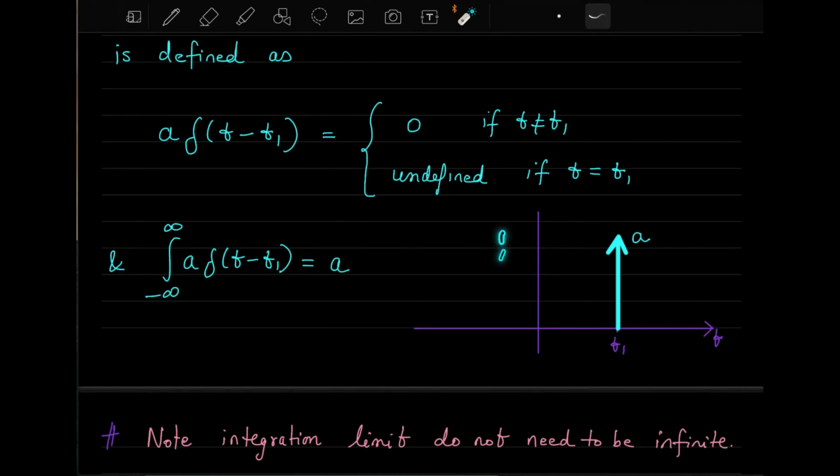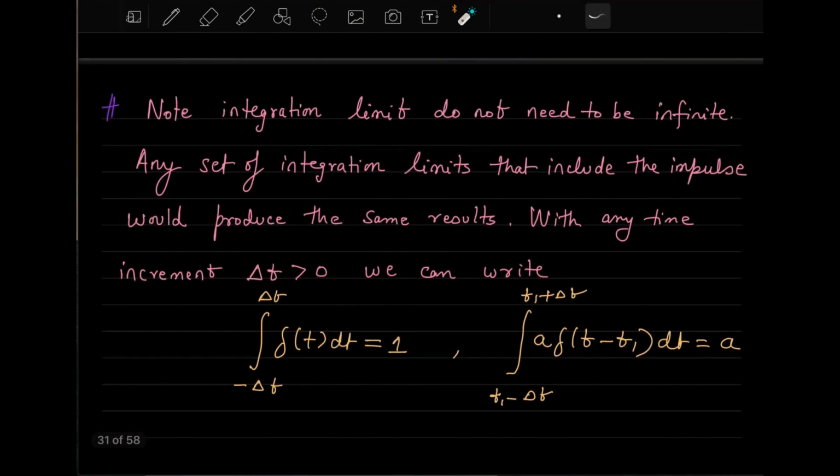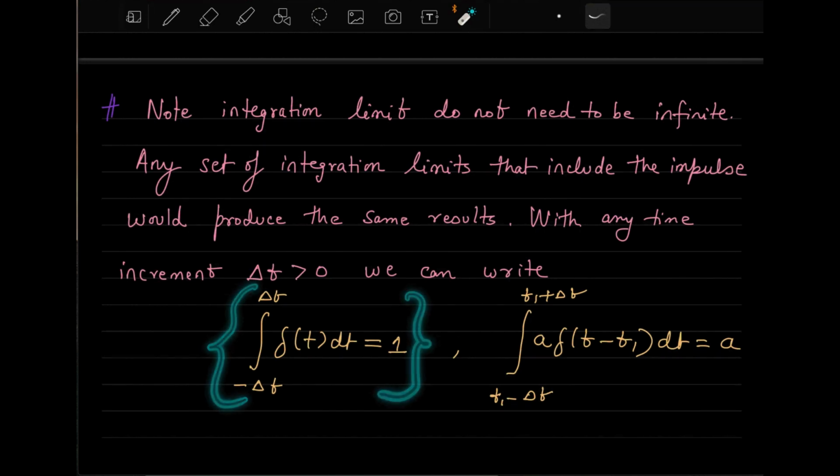But if your range is like this, then you can see your impulse function is not between these two ranges. Then this particular thing will not hold. So on the basis of that, with any time increment, delta t, you can write something like this for the first definition that we have included here.